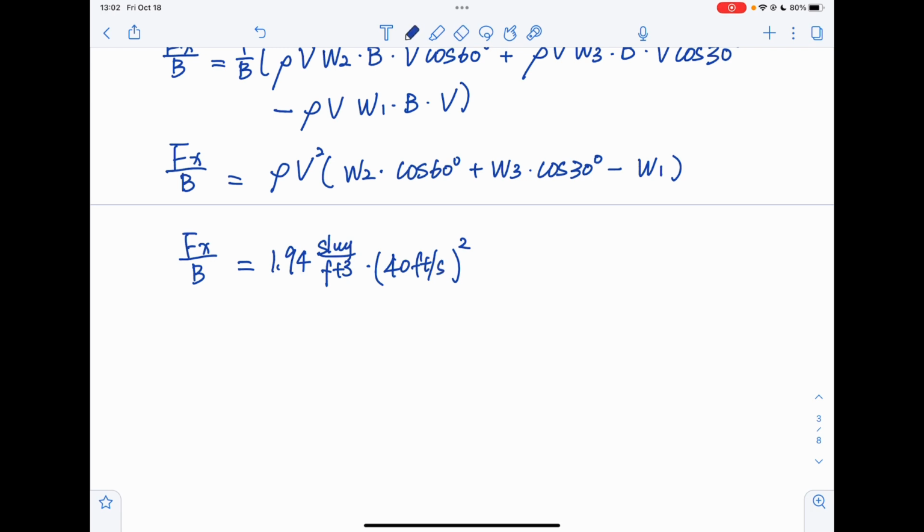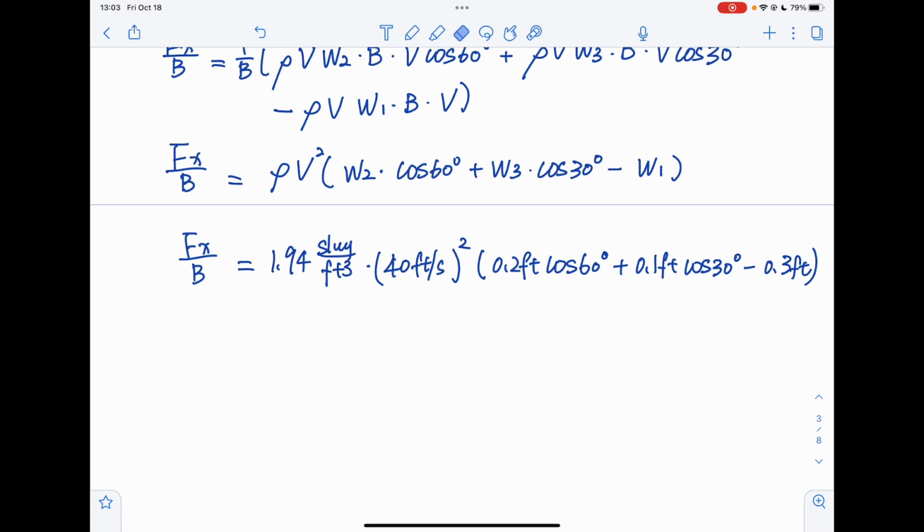And W2 is 0.2 feet, W3 is 0.1 feet, W1, which was calculated, is 0.3 feet.